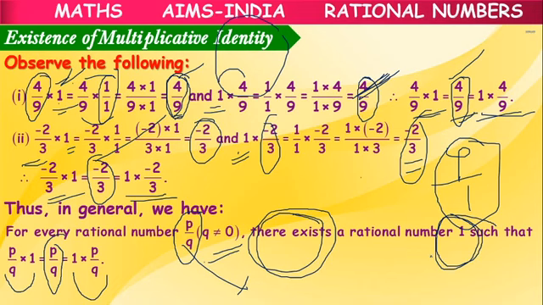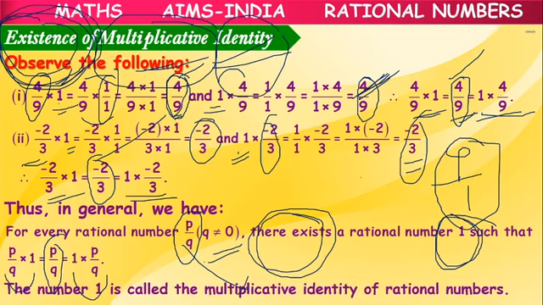By multiplying with 1. So this 1 is considered the multiplicative identity. When you multiply with 1, the result will be equal to the given value, with no change. So in the multiplication process, the multiplicative identity will exist.